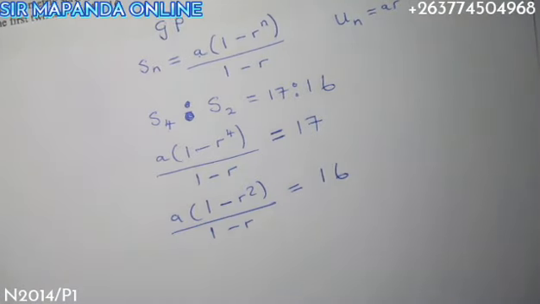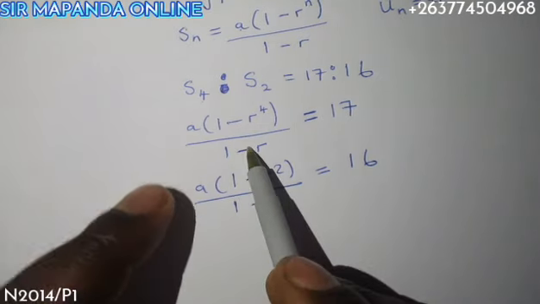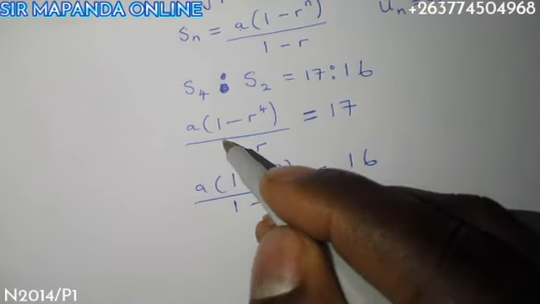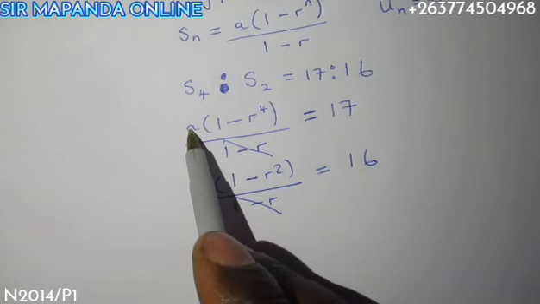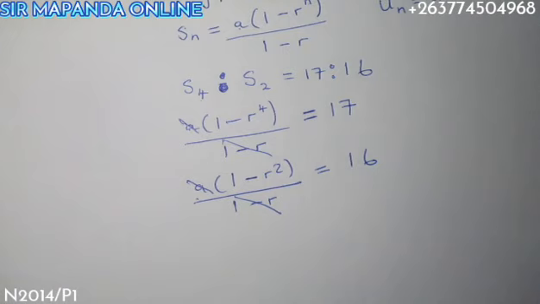Since we have 1 minus r above and 1 minus r below, we can simply reduce the left side by ignoring 1 minus r. Since we have a above and a below, we can ignore a.